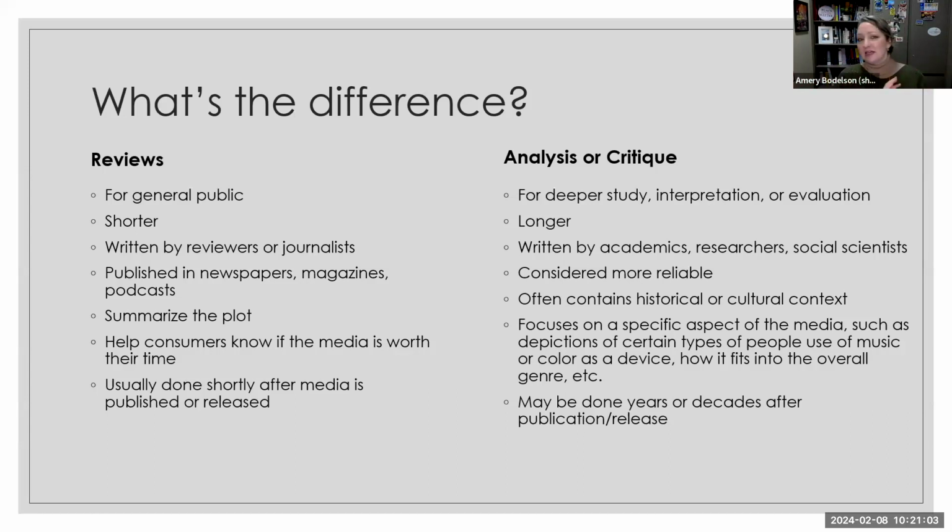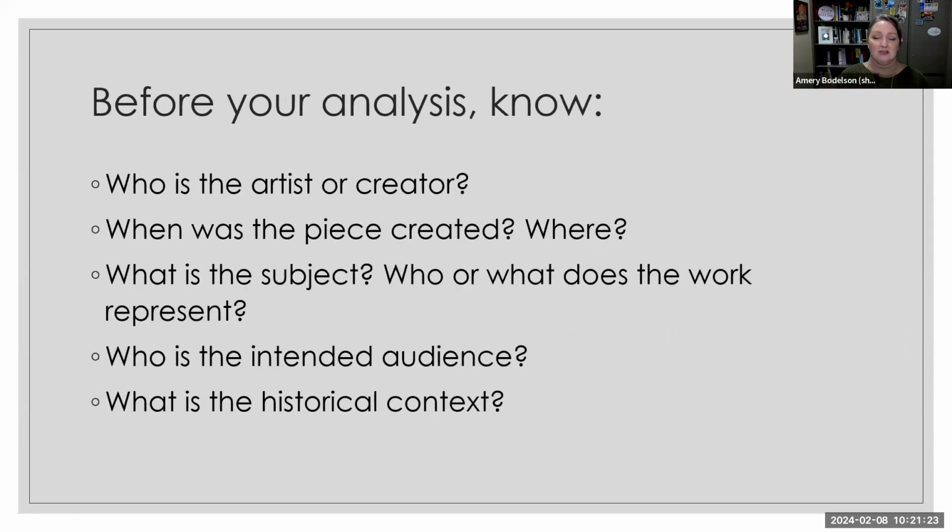So I'm looking at all the things that happened that influenced it, and I'm taking that into account when I think about my analysis. And I'm also looking at things like color and white space. And if I'm doing a movie, I'm thinking about music and characters. So lots of different things to consider when you do an analysis.